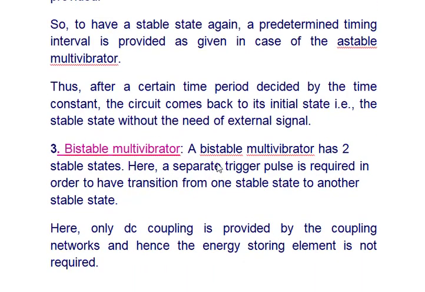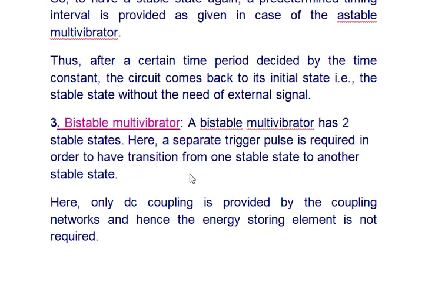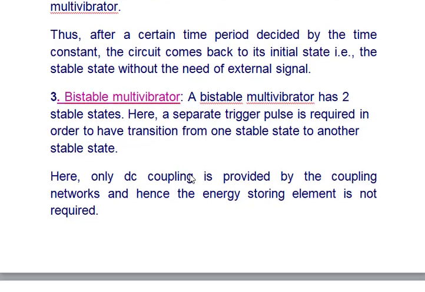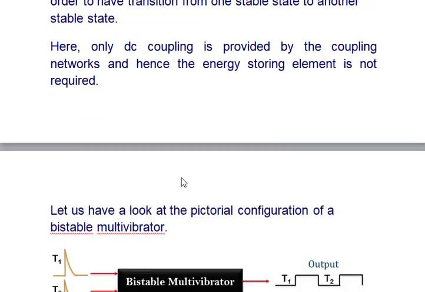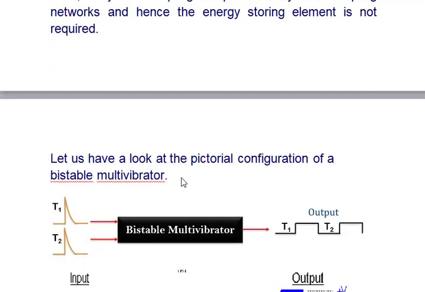Bistable multivibrator. A bistable multivibrator has two stable states. Here, two different trigger pulses are required in order to have a transition from one stable state to another stable state. Only DC coupling is provided by the coupling networks, and hence an energy storing element is not required for this bistable multivibrator.